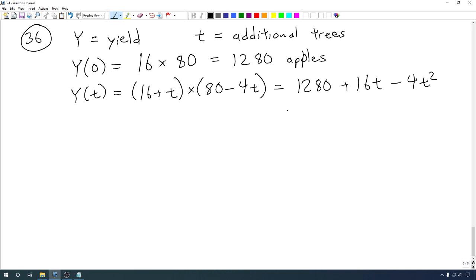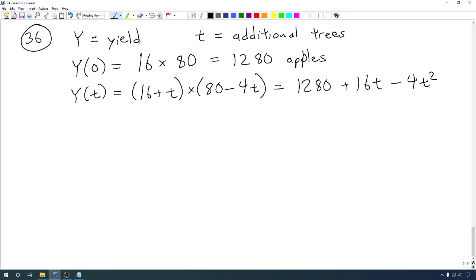We do need to find out what is the feasible domain. At least this time we didn't have to find another equation in order to eliminate a variable. We only had the yield and the trees to begin with. But we still need to find our domain. How many trees can we have? Well, theoretically, we could have fewer than the 16 that we're talking about starting with.